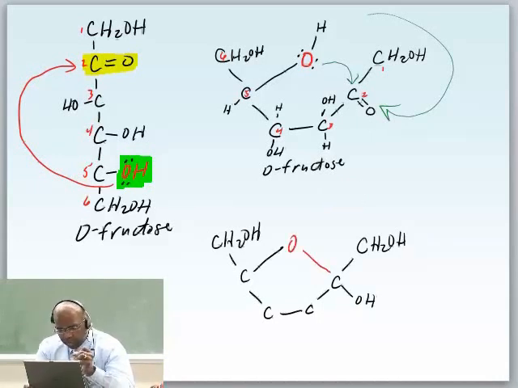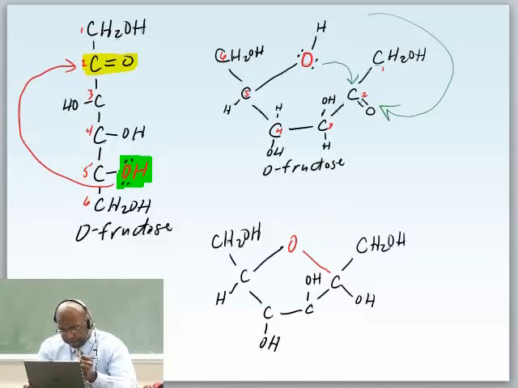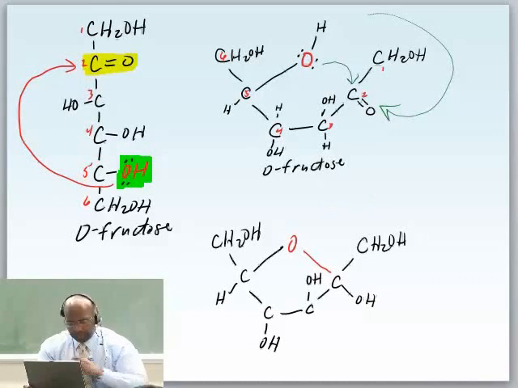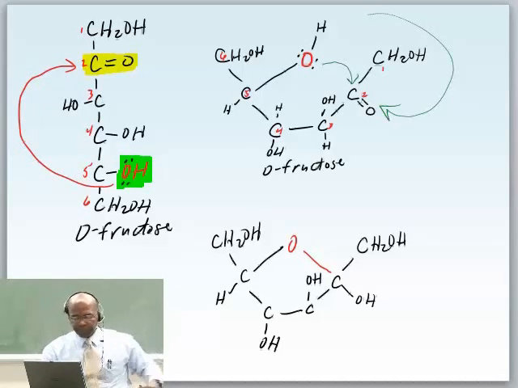We're going to have our ring oxygen there. This is going to go down, OH. This is going to be up, OH. And everything else is just an H. And this is kind of D-fructose, but we're going to give it a different name once everyone is caught up with me there.